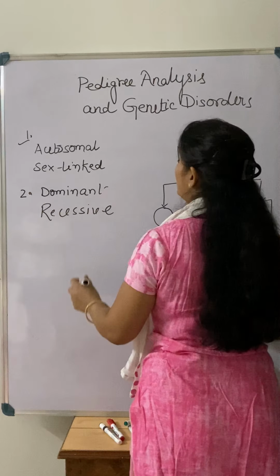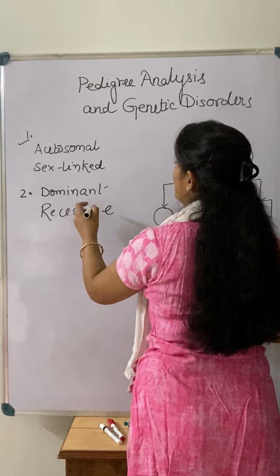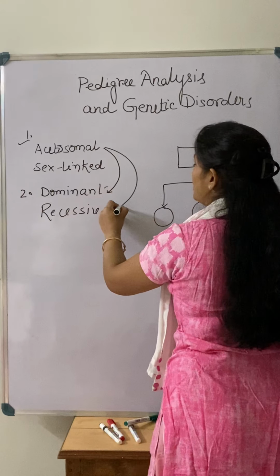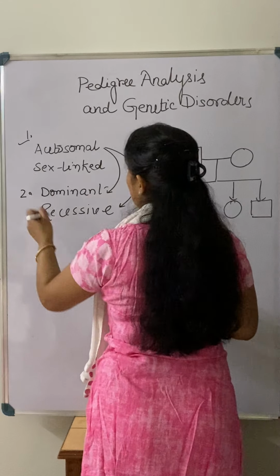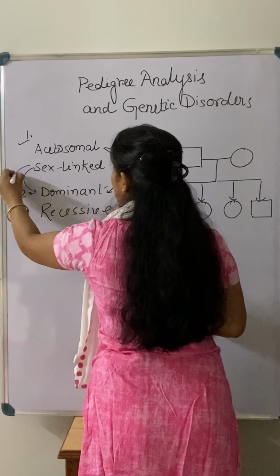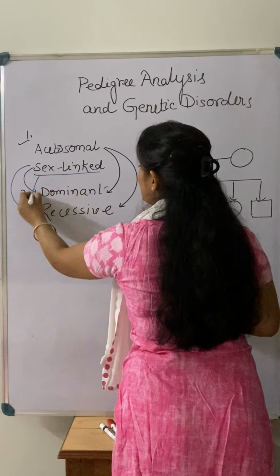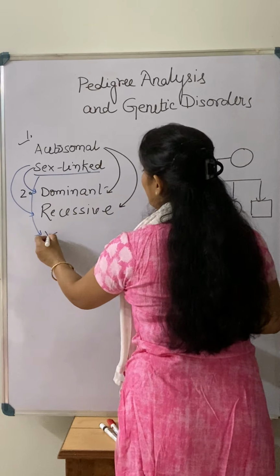Again, what should be the next point that we should know? That is dominant and recessive, meaning whether the disease is autosomal dominant or autosomal recessive. Same with sex-linked dominant and sex-linked recessive. If we talk about sex-linked, you know there are 2 types of chromosomes, that is X-linked and Y-linked.